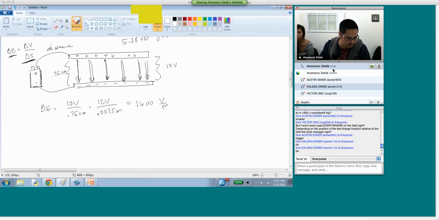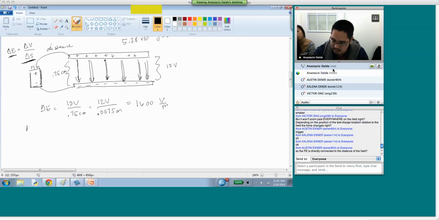All right, so let's try this then. What is the electric potential energy, which is the delta U, which we call W, equal to Q times delta V. What is that if I use a charge of 6.24 times 10 to the negative 6?